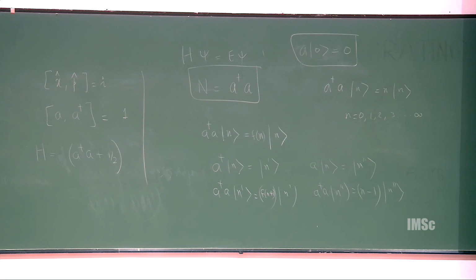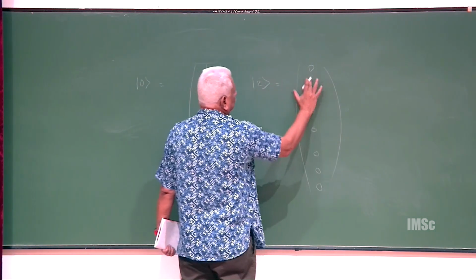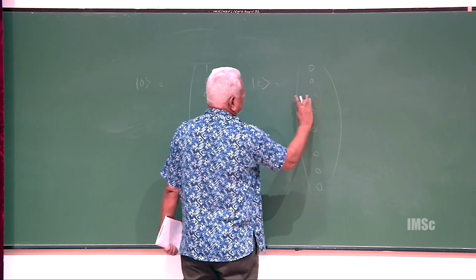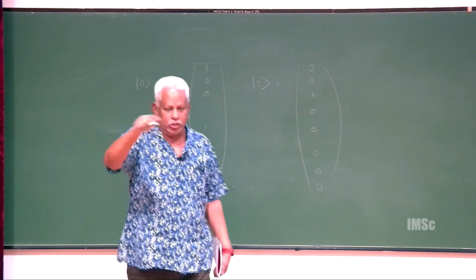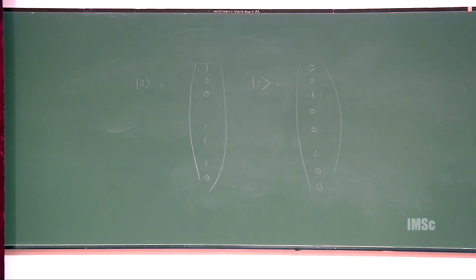You cannot go below that. What is the next state you can go to? 1 is 0, 1, 0, 0, 0, 0. That is the next state. And for 2, the third position is 1, and so on. That is a collection of vectors.